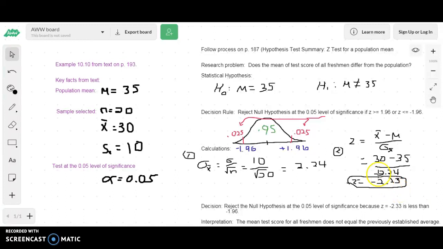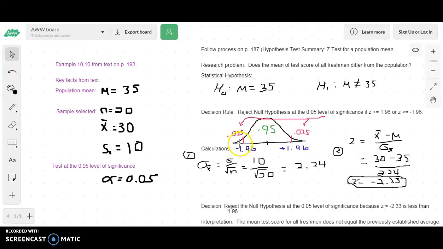When we plot that negative 2.23 on this graph, it is out here beyond negative 1.96, further out in this tail. This falls into that rare instance, so we are going to reject the null hypothesis. We're not going to be comfortable saying we just think it's a high sample.